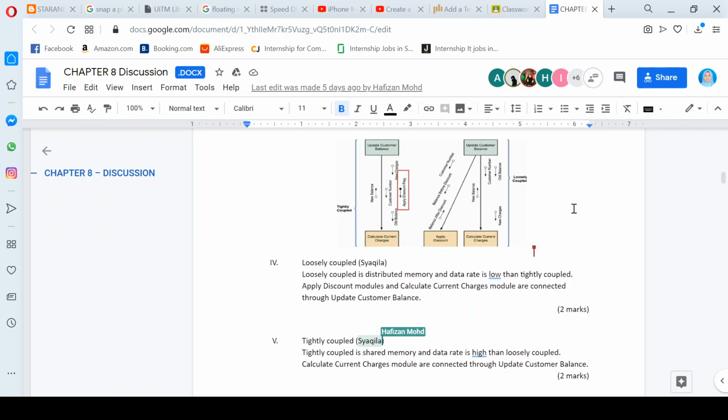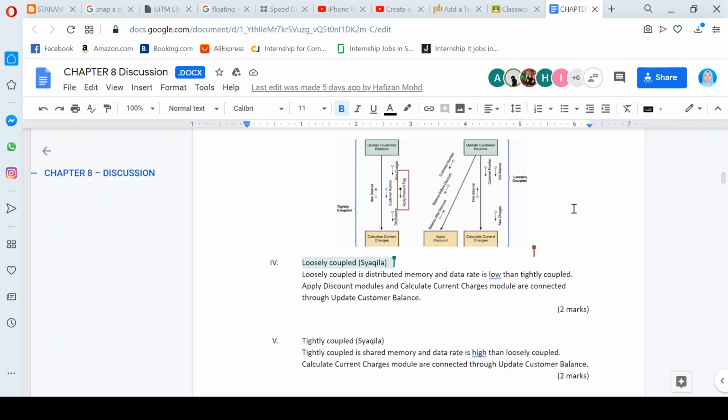Okay, so last week Shakila dah mention beza dia dekat sini, loosely coupled ni dia punya numbers of subordinate module. The number of subordinate modules in the loosely coupled is more than in tightly coupled. So kalau dekat dalam tightly coupled tu biasanya dia akan menggunakan satu subordinate module saja. So kalau dekat dalam loosely coupled ni dia akan ada lebih daripada satu subordinate module.